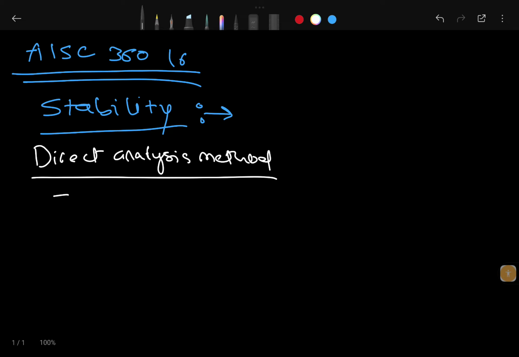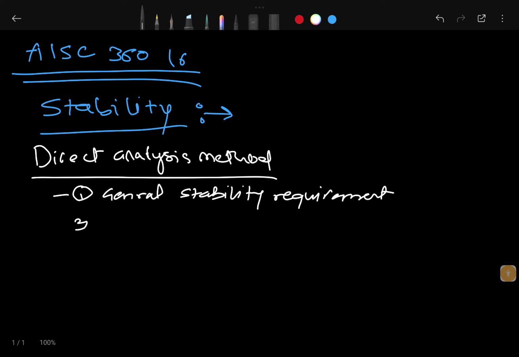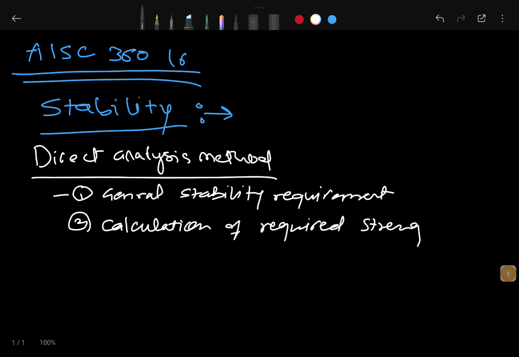First one is general stability requirements. Second one, calculation of required strength. And third one is calculation of available strength.